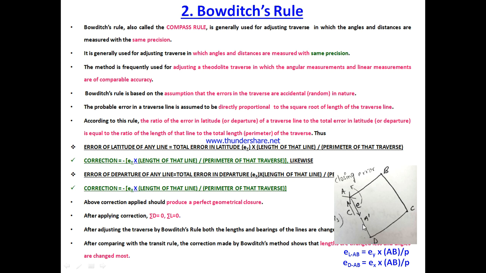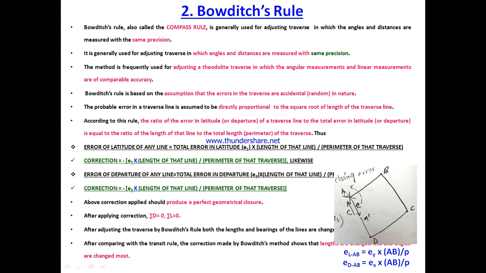But we have determined the angles, measured with the theodolite, and the distances, measured with chain or tape, on the basis of comparable accuracy. Now we find that this traverse is not closed, and the line starting from station D does not meet at A, rather it ends somewhere at point A dash.